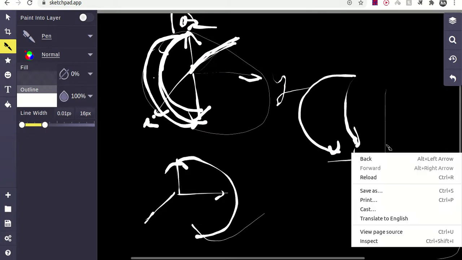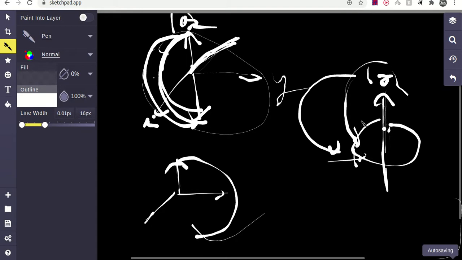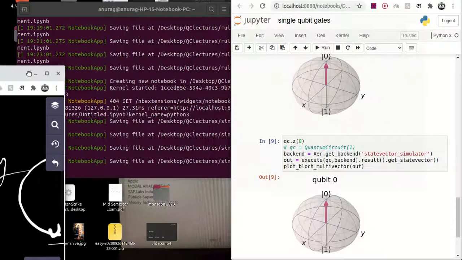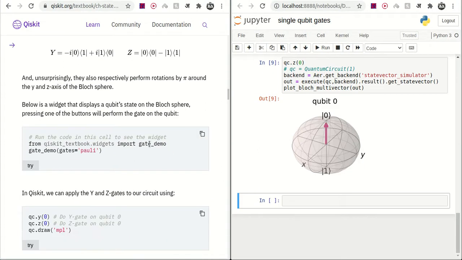This was the z axis, right? And this is 0. So if we rotate along the z axis, it stays here. It doesn't change anywhere. So you can see how the Z rotation works.